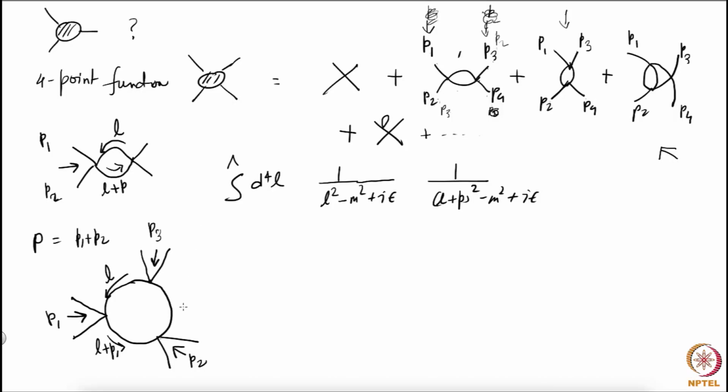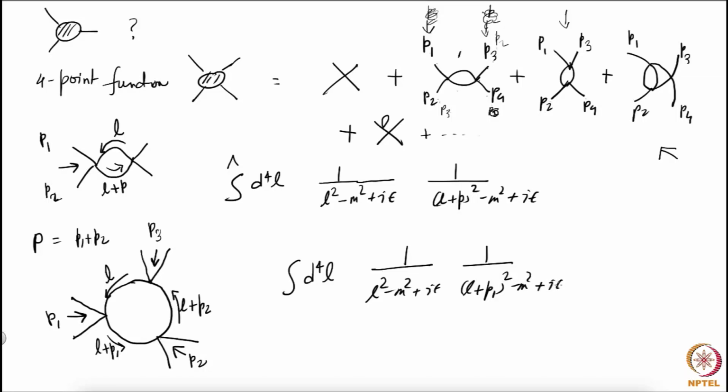This becomes L plus P2, and this is anyway L plus P3. Okay, so let's write down the expression, or at least the integral. d4L, it's one loop, so only one loop momentum. 1 over L squared minus m squared plus i epsilon, 1 over (L plus P1) squared plus i epsilon.